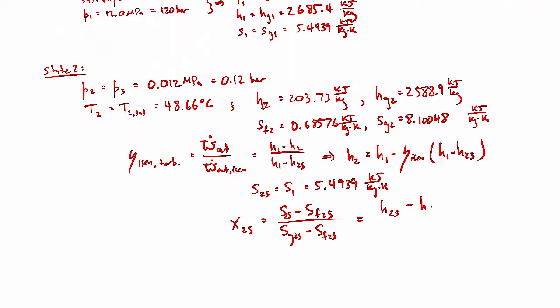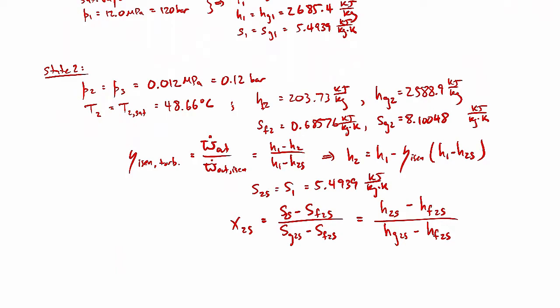So let me just write that down. So whatever quality I get from the specific entropy calculation, I could plug in numbers for this to get that quality, and that'll be the same quality as for the specific enthalpy. I know the HF and HG values, those are given right up here.